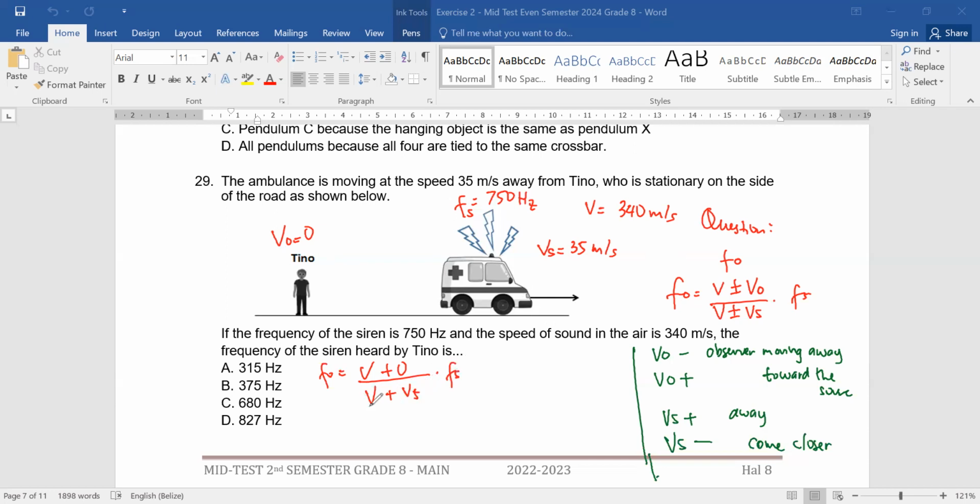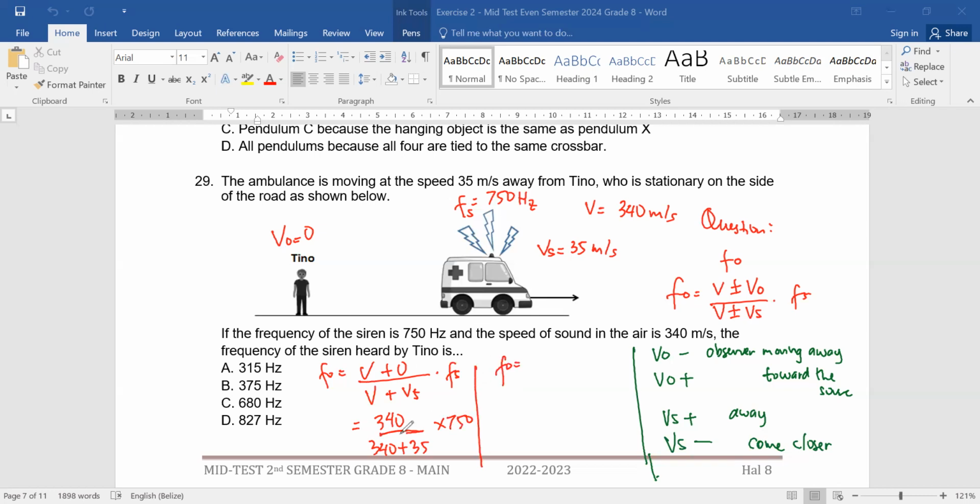And now we just need to put in the numbers. The V is the speed of sound in the air, right? So this is 340 over 340 plus VS, which is 35, times the FS, which is 750.